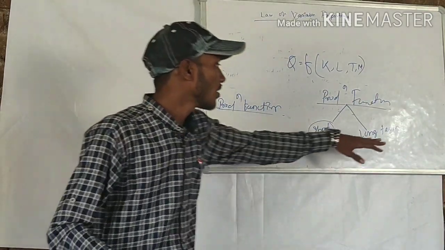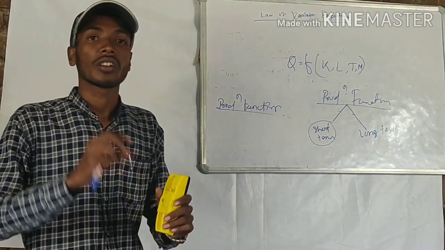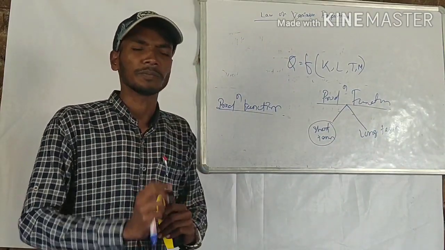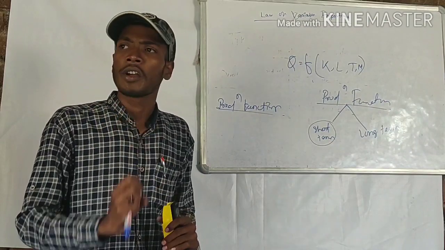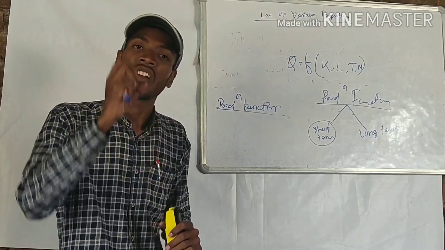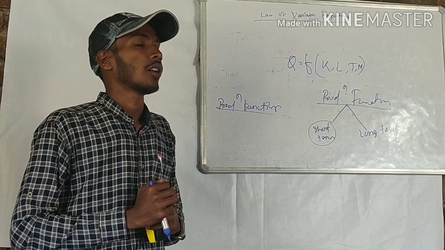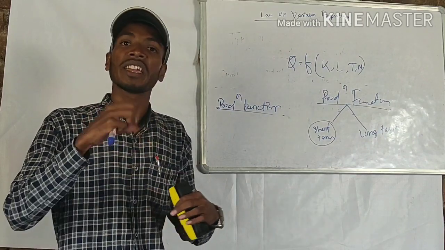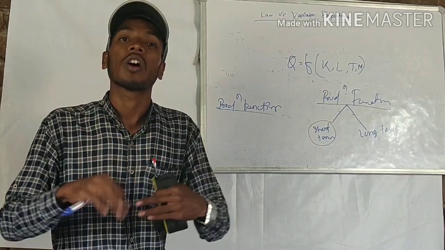And this is the long-term production function. Long-term production function refers to production in the long term, where all inputs we may increase simultaneously or proportionately.